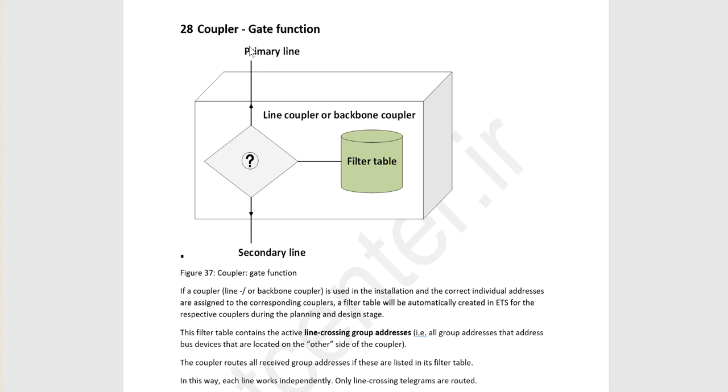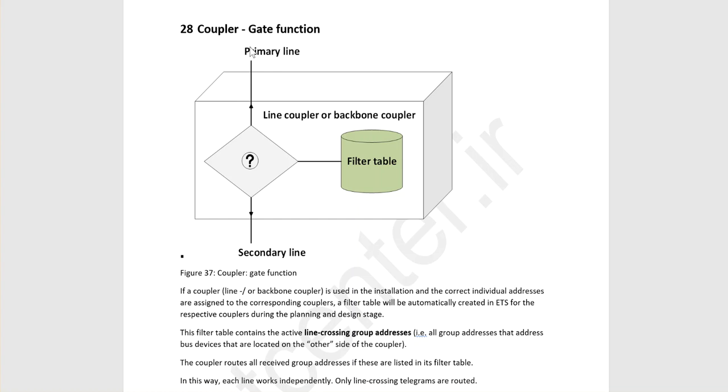So the book said if a coupler is used in an installation and the correct individual addresses are assigned to the corresponding couplers, I already mentioned the individual address, a filter table will be automatically created in ETS according to your links between the sensors, actuators and controllers in group addresses.